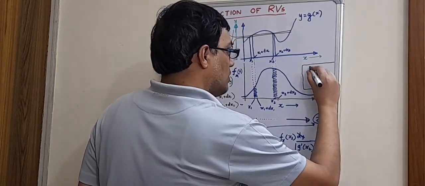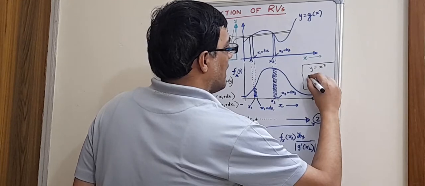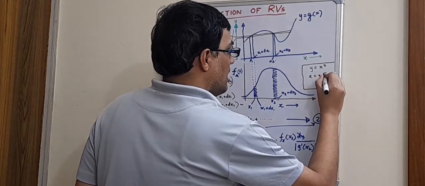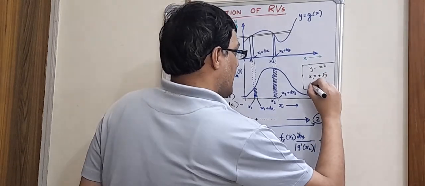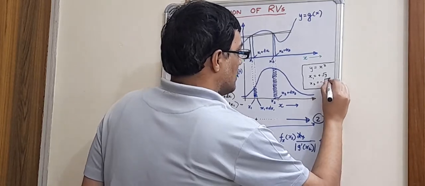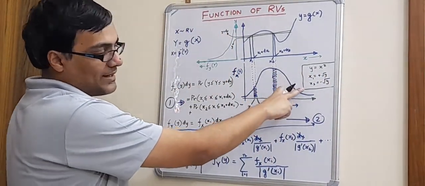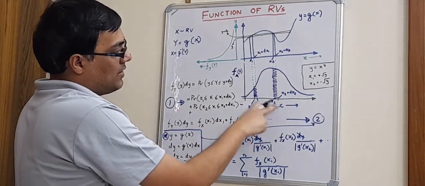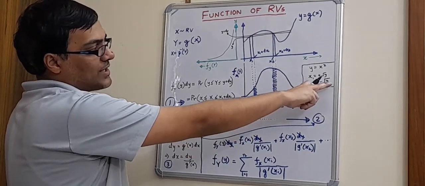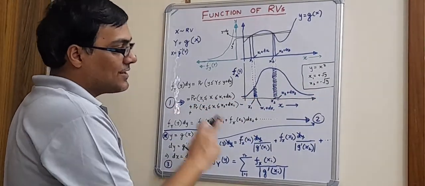So then what does x become? There are two roots basically. X is equal to plus root y, that is x1, and x2 is equal to minus root y, right? So it means that for a single y you can get multiple x's, and that is the reason why we have generalized this expression, that is, multiple roots can exist, that is multiple crossings, right? That is the reason why.